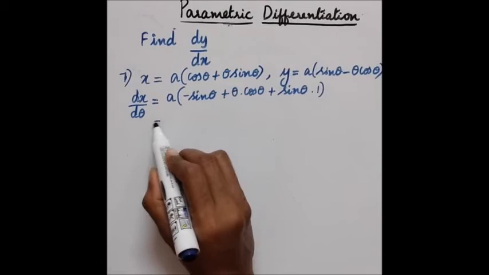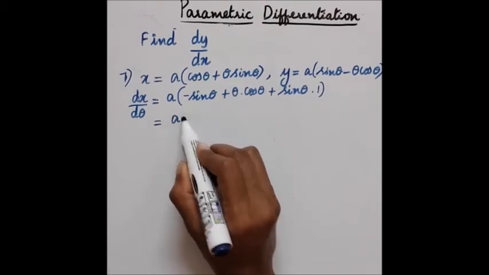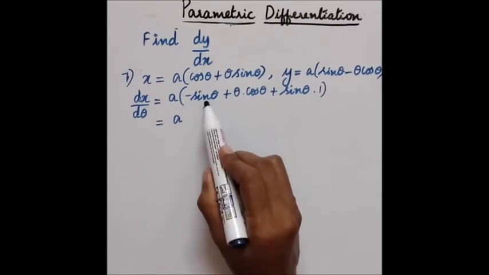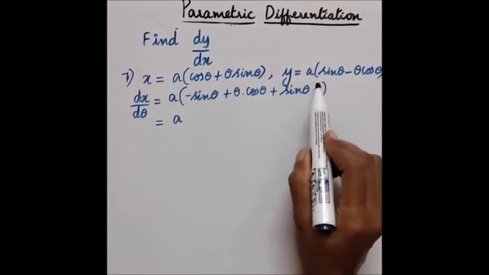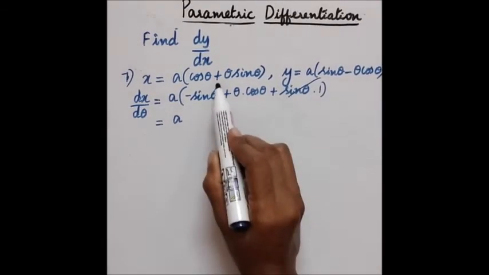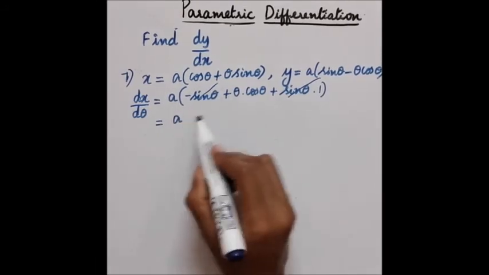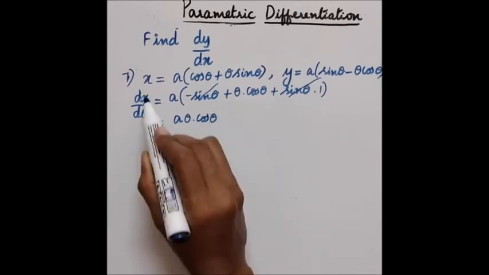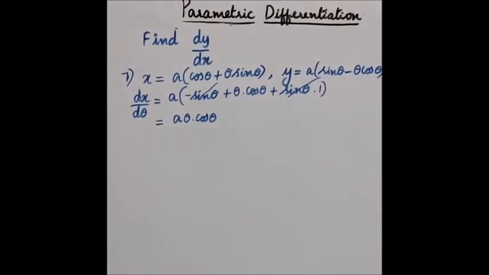So here we get dx by d theta as a into, you can observe here minus sin theta, and here we got sin theta into 1, that is sin theta, so get cancelled. So we get a into theta into cos theta, that is for dx by d theta.